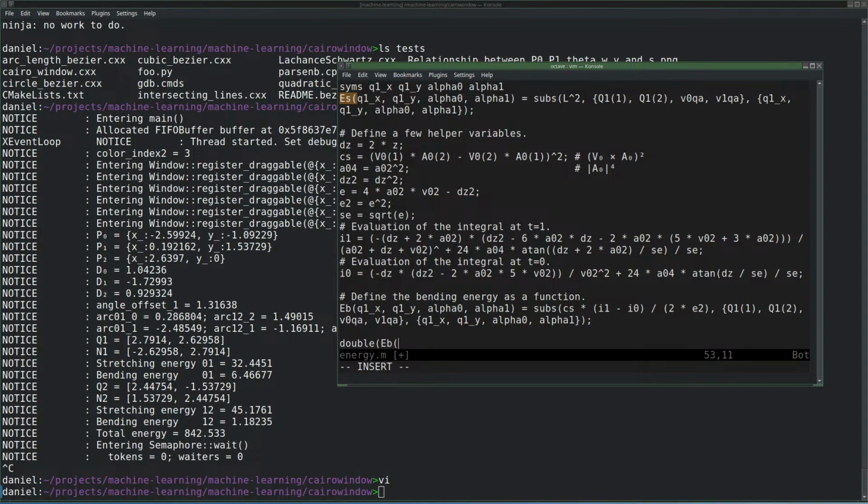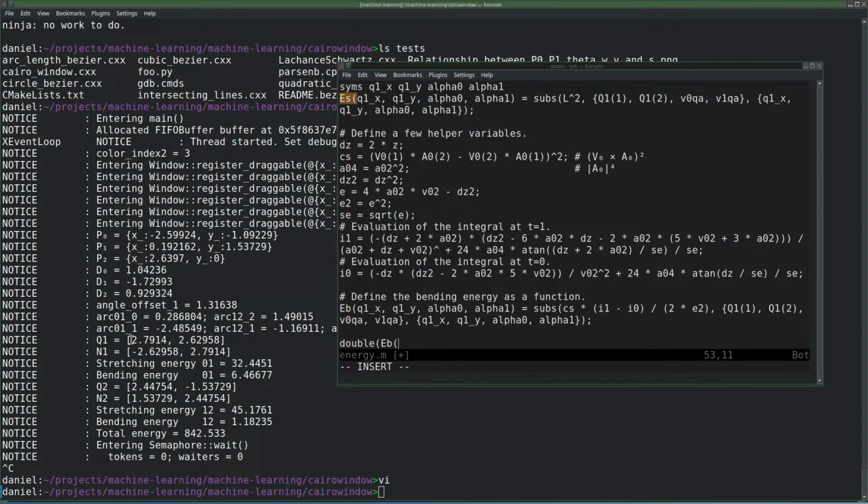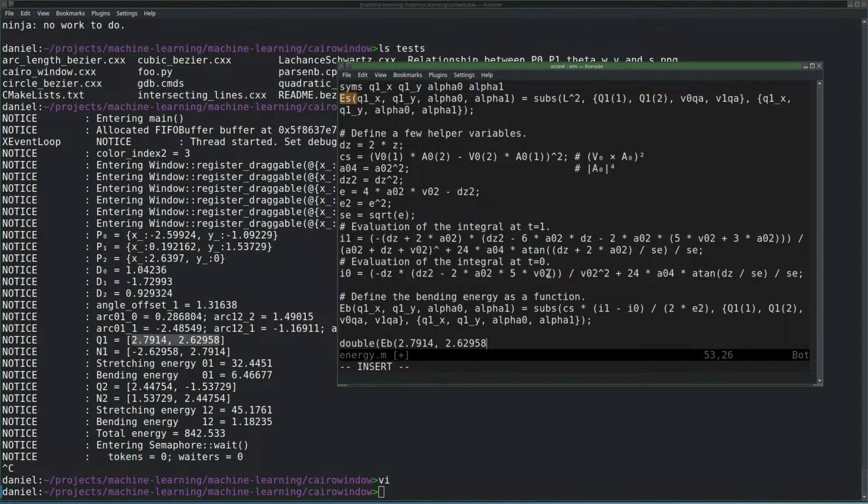Double EB, bending energy of, then we need the Q coordinates, followed by the arc values.